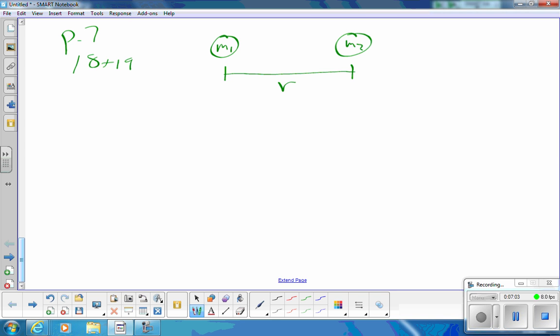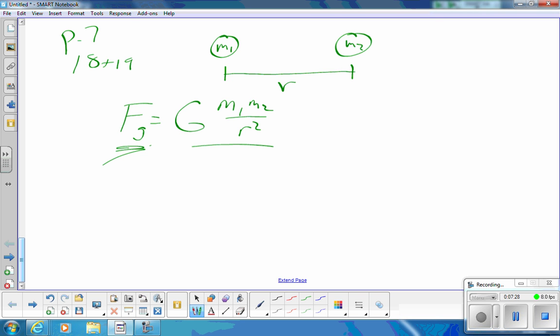In number 18, they call these A and B instead of 1 and 2, with the same basic idea. And I'm using the gravitational force formula between any two masses, which is big G M1 M2 over r squared. Basically what they're doing in 18 and 19 is asking what happens to the size of this force if the numbers on the right-hand side change.